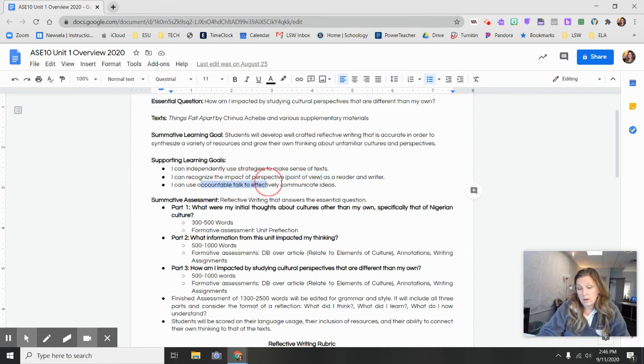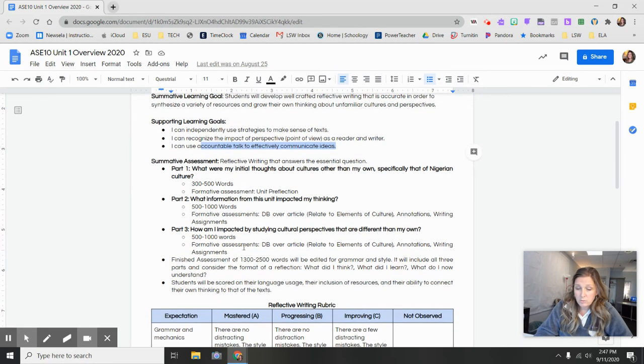And then, I can use accountable talk to effectively communicate. We're going to be doing a lot of discussions on the book, talking back and forth, and I really want you to be able to do so in a professional manner. We communicate and figure out how to do so effectively and with our best, most professional senses.